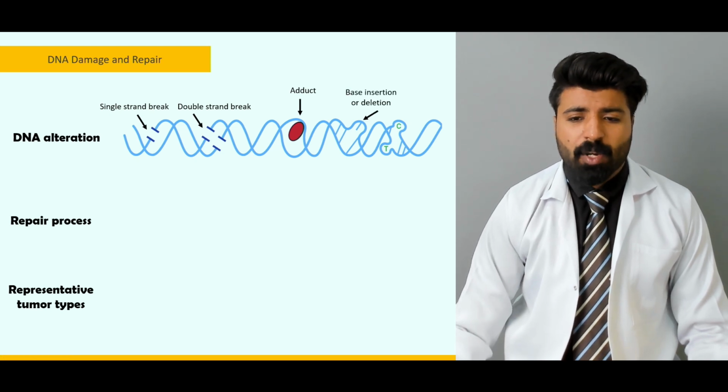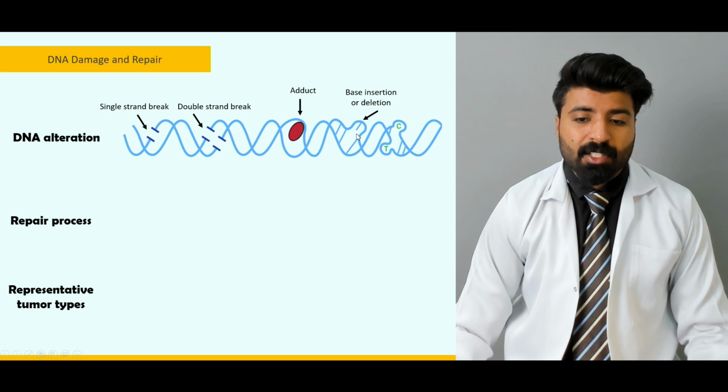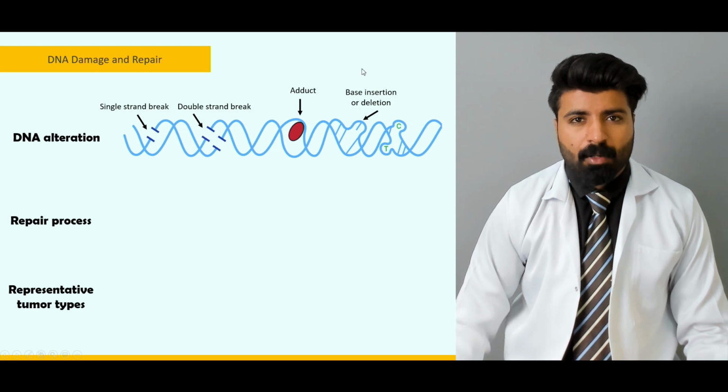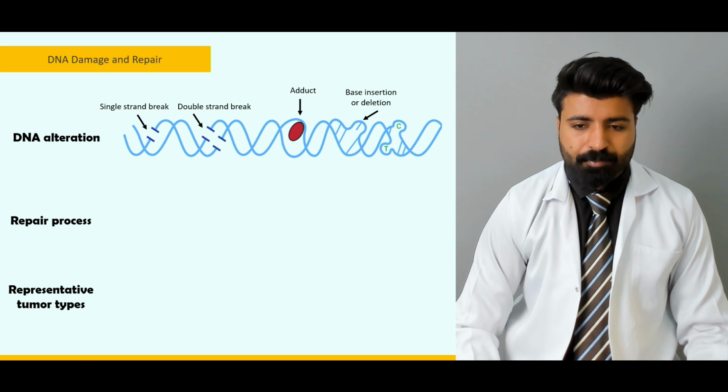Next we have base insertion or deletion, in which we are showing base deletion. This base is deleted. We talked about deletion before. Either it can be base insertion or base deletion.